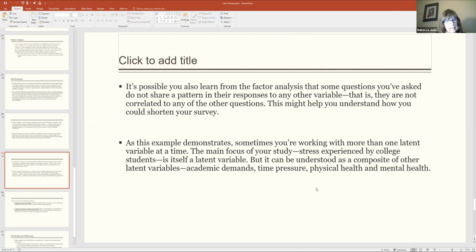Okay, so it's just trying to get it down to what we really need to ask. And see, when you're doing qualitative research, you're doing something very similar, but you're asking the individual for their subjective experience of physical health. Tell me what physical health means to you.